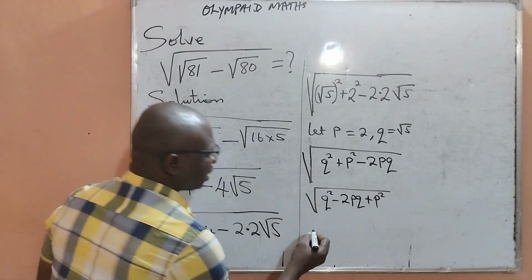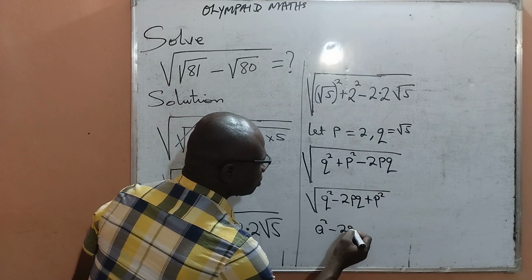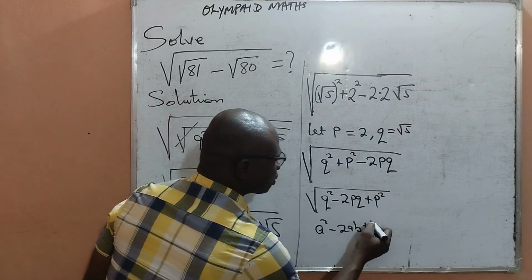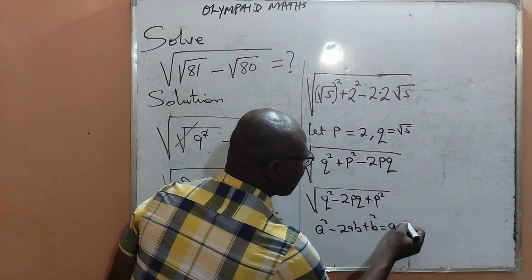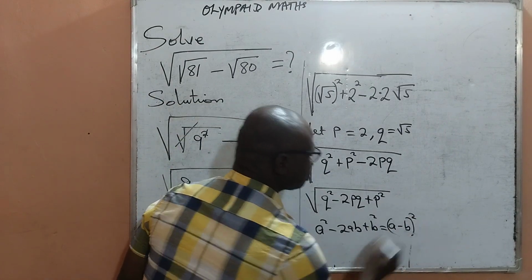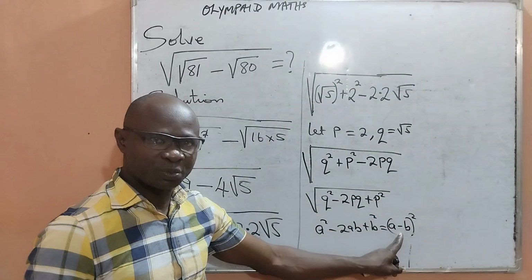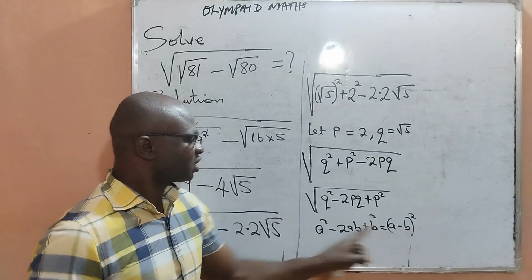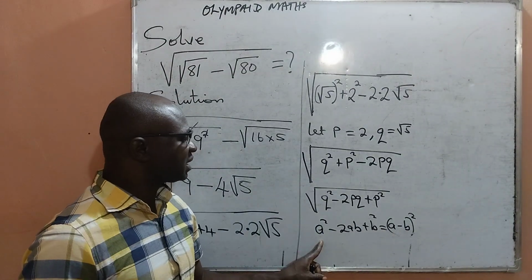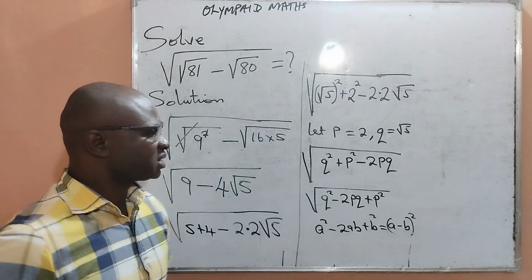But if I have A squared minus 2AB plus B squared, it is equal to A minus B all raised to the power 2. The expansion of this, A minus B times A minus B, will give us exactly A squared minus 2AB plus B squared.